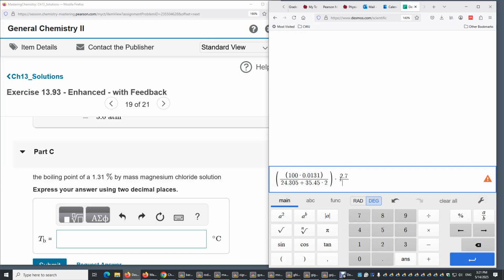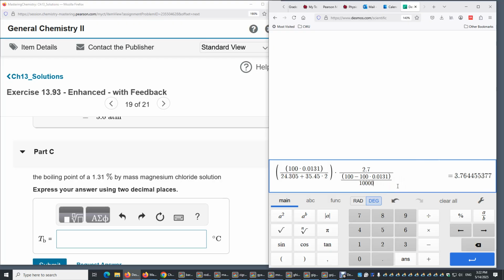And then divided by the mass of the solvent in kilograms. We have 100 grams of solution minus this much solute. This is the mass of the solvent, divided by 1,000 just to convert it to kilograms. Now this whole thing is going to be the so-called effective molality of this solution.